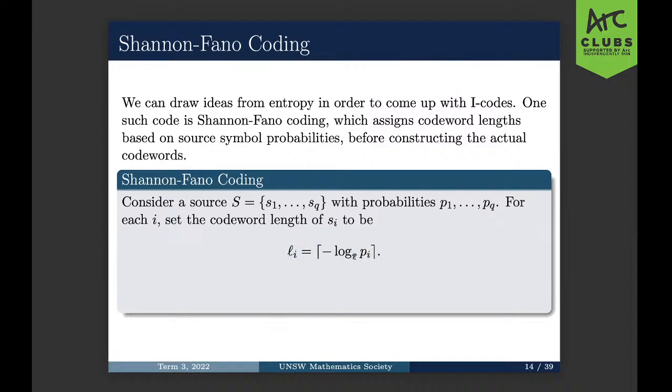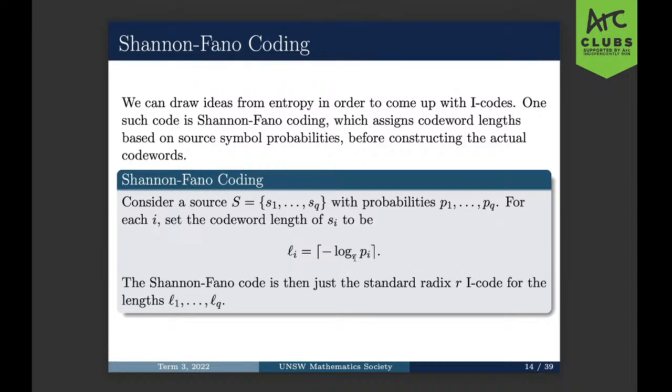And this r is just for the radix. So if we want a radix 2 Shannon-Fano code, then just substitute r equals 2. So we set all the lengths first based on the probabilities. And then the Shannon-Fano code is just the standard radix r code for the lengths L1 to Lq. I went through what a standard radix r code was in the Monday seminar, so you can have a look at that.